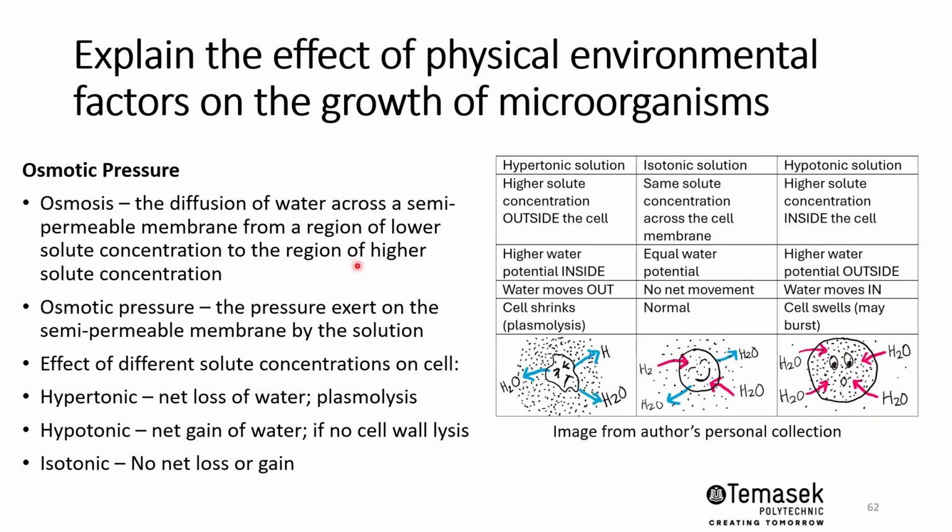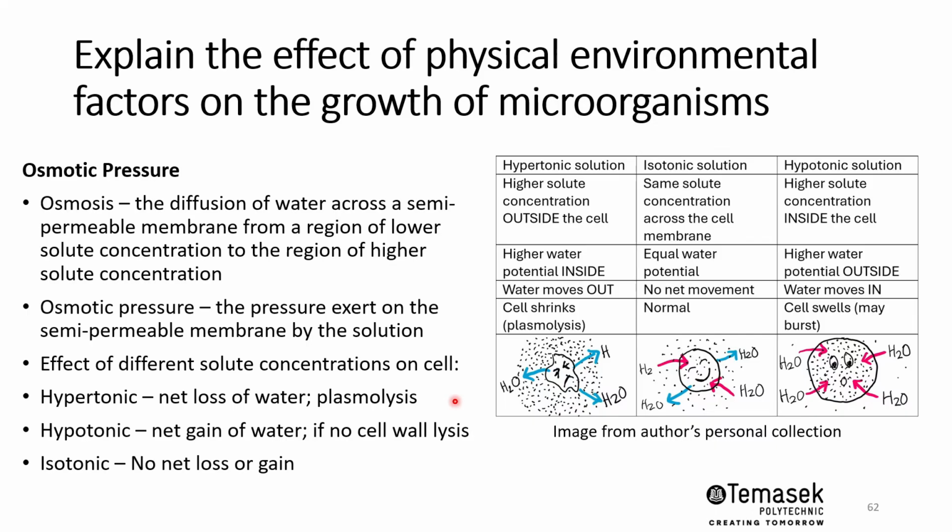Along the same line, we will also come across the term osmotic pressure. Osmotic pressure is defined as the pressure exerted on the membrane by the solution itself. So effectively, we will come to understand that the effects of different solute concentrations on the cell can have an impact on cell growth.